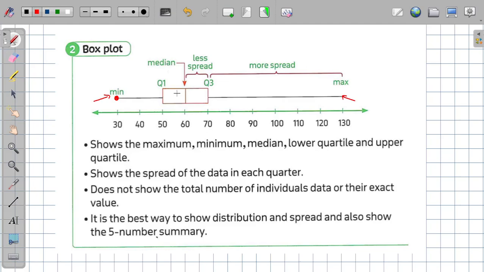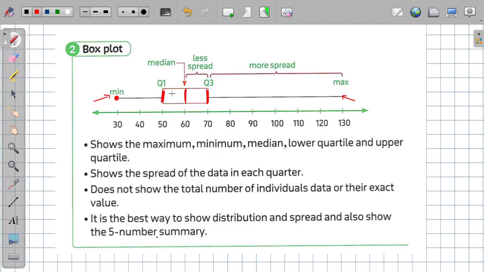Okay, and inside the box we have 3 lines. The first line shows the first quartile or the lower quartile, the second line shows the median, and the third line shows the third quartile.